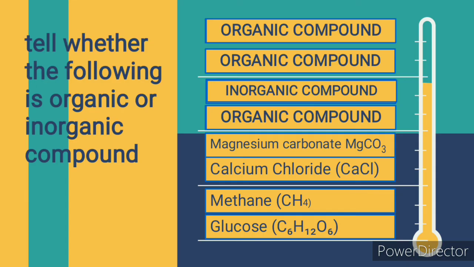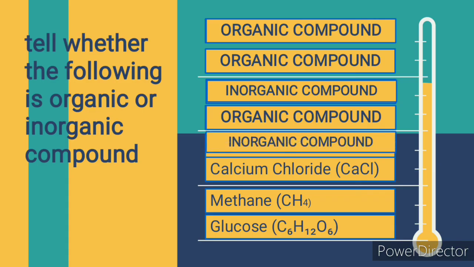We have magnesium carbonate. So, Mg, 1 atom of magnesium, 1 atom of carbon, and 3 atoms of oxygen. So, what is this? Very good. This is an inorganic compound.